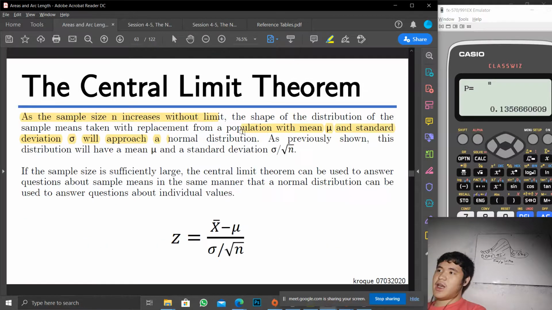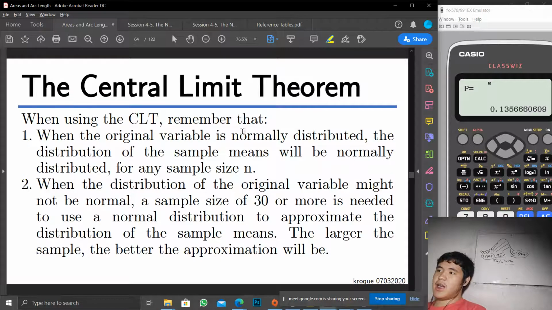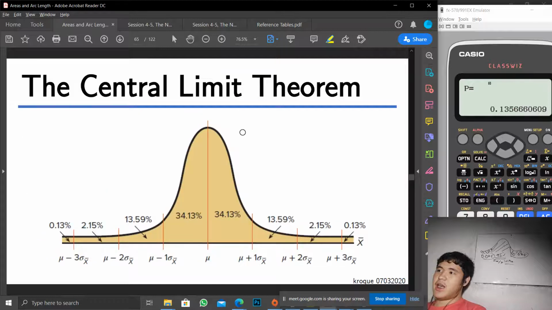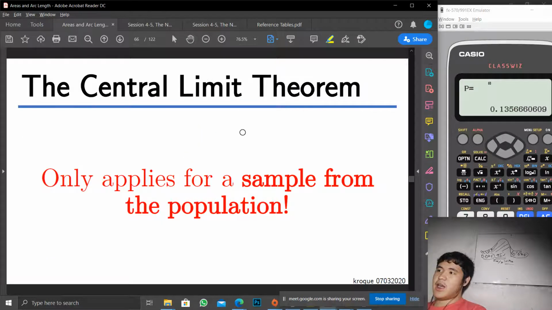Okay? So, if the sample size is sufficiently large, then it can be used to answer questions about individual values. Take note that this only applies for a sample from the population.